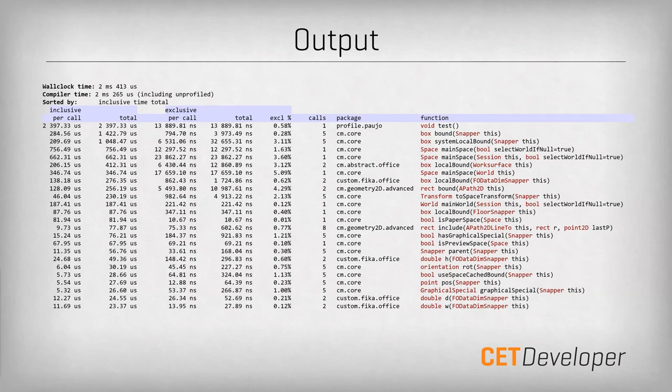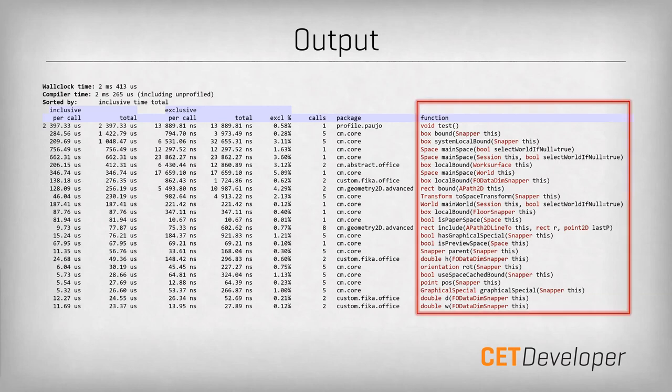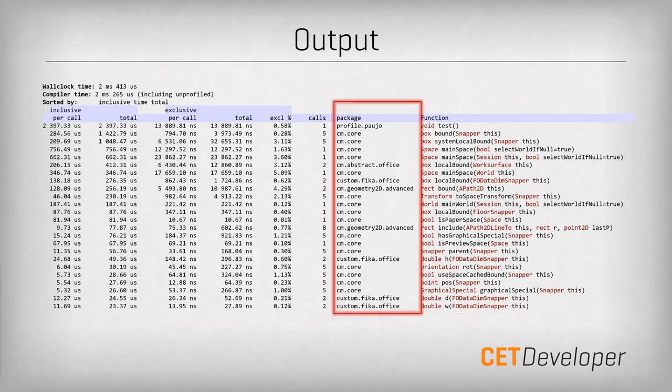There we go. So we'll start off with the actual function. On the right hand is the actual function or method that was called, and all the other data for that row is relevant to that function or method. Next to that is the package that defines that function or method.